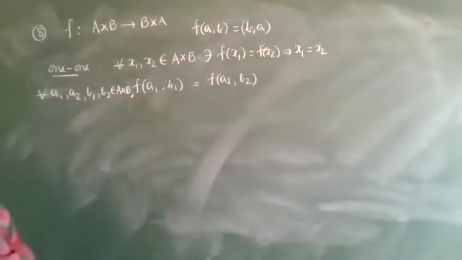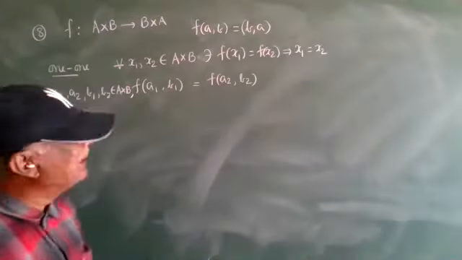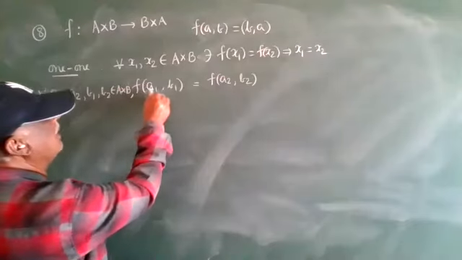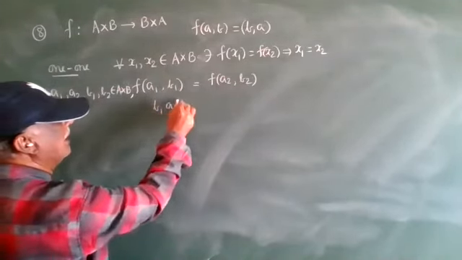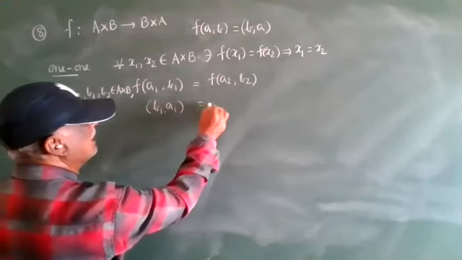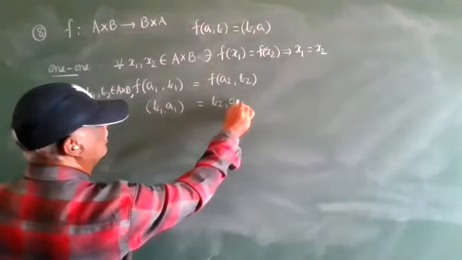Right. f of (a1, b1) by the definition is the reverse order (b1, a1). Here also reverse order (b2, a2).